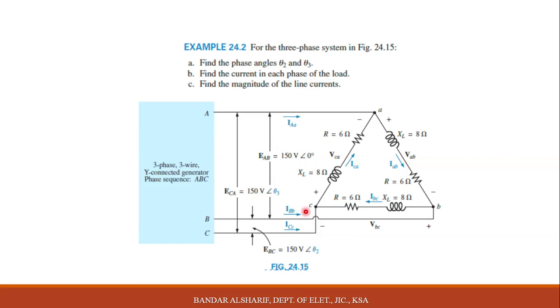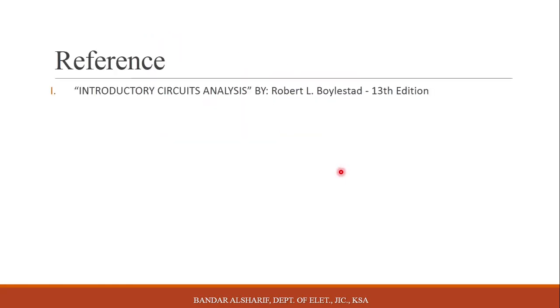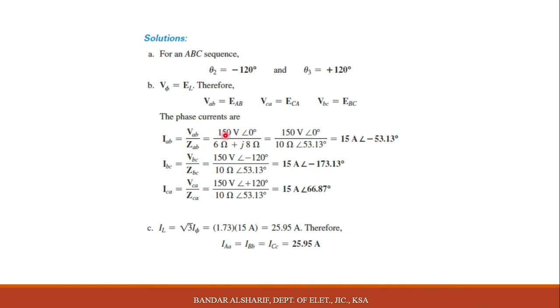You will then get the phase current for each phase. See here, they say that phase equals line, and then VAB, which is 150, divided by ZAB, you will get 15 ampere at angle minus 53. Similarly for IBC, you will get 15 ampere at minus 173 degree. ICA will be 15 ampere at angle 66 degree.